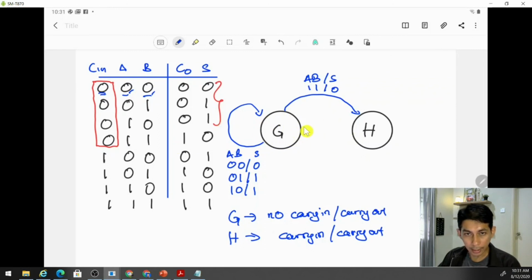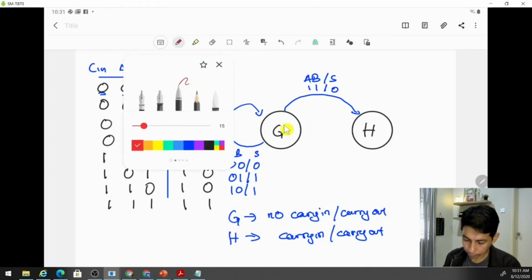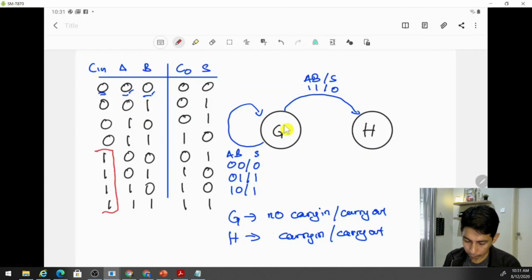And the second state is when carry in equal to 1, or this part. So we look at the second part, which is this one. And here, when the input AB is 0, 0, there is no carry.